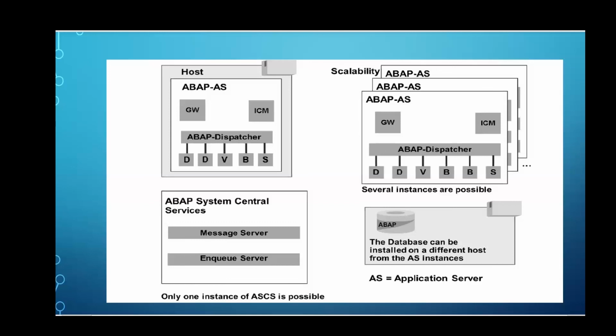Here it's in separate ABAP central services: message server and NQ server. So you mean to say this is the difference between my older one and the new one? Yes, Satish. Okay. Anything else?